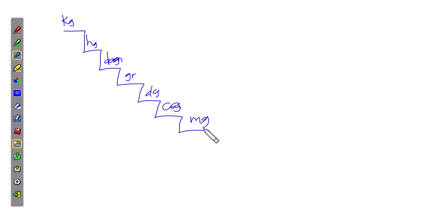So it's just the same. If you want to change from the top one into the below part, you can times it by how many times we go in the down steps.